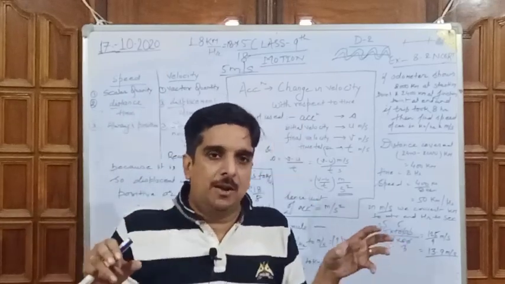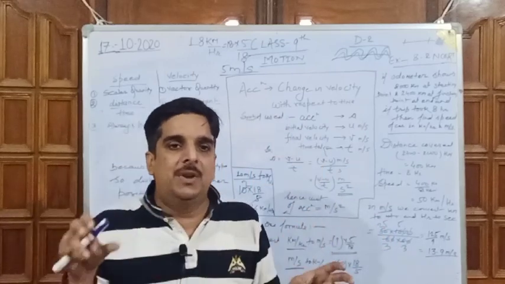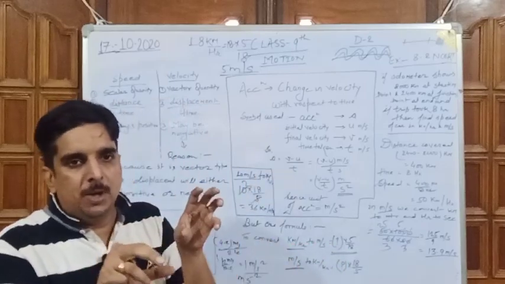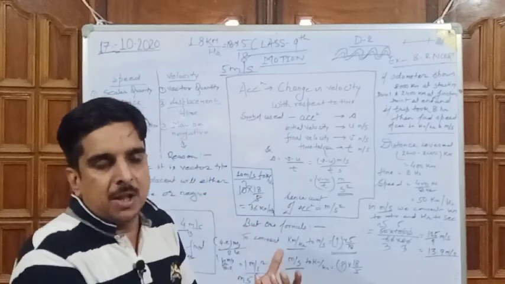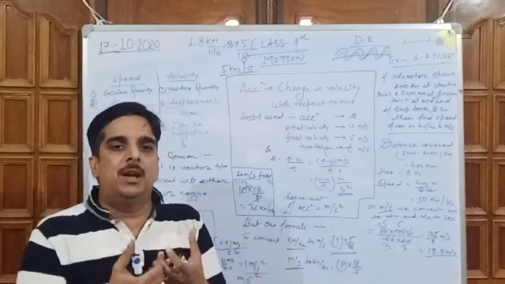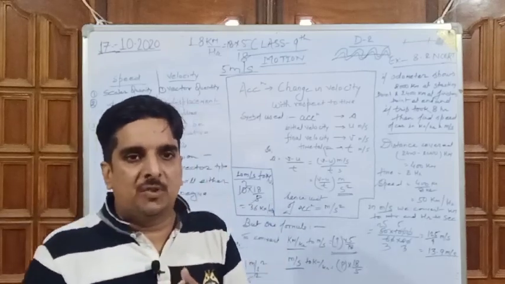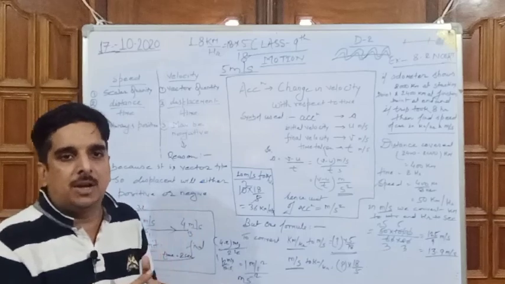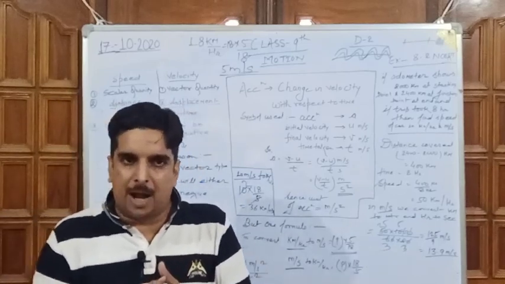If the magnitude is given in meter per second and we have to convert it into kilometer per hour, we take the magnitude and multiply it by 18 by 5, and whatever comes will be in kilometer per hour. This is the simple process to convert between the two.